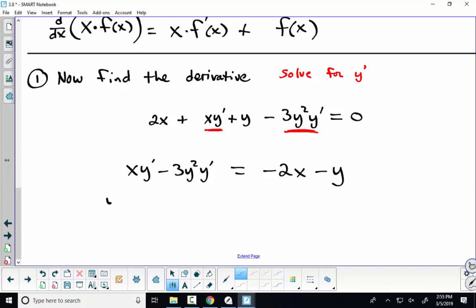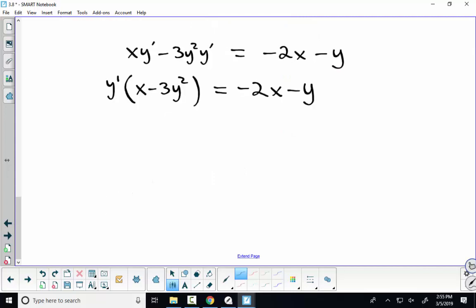So then we factor out our y prime. And then we know what to divide by. So y prime is negative 2x minus y all over x minus 3y squared.